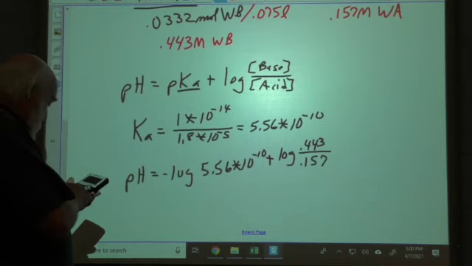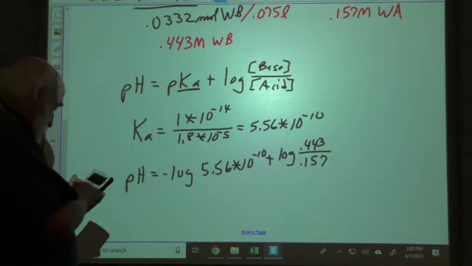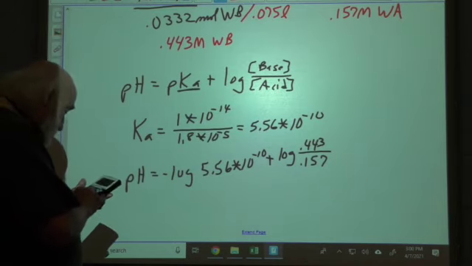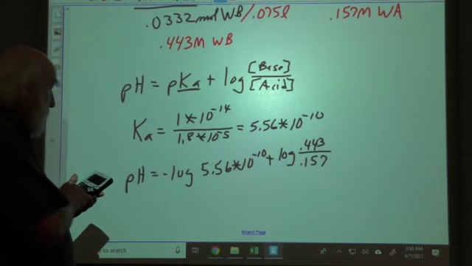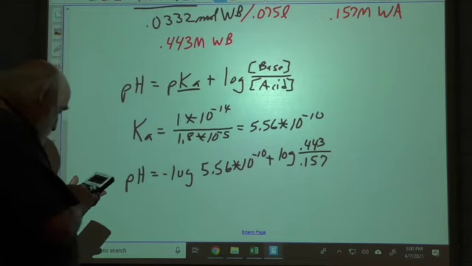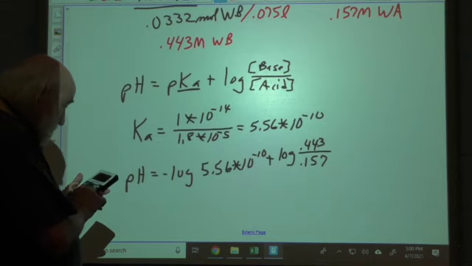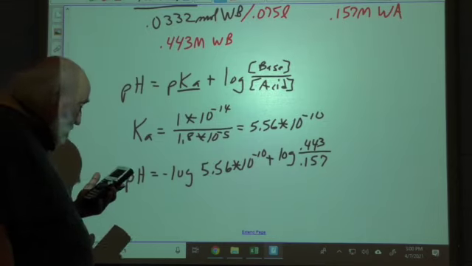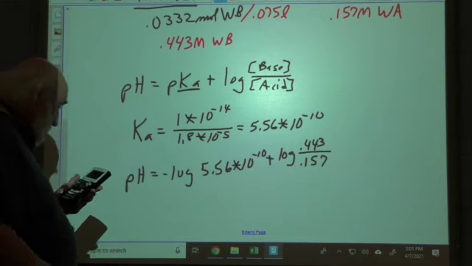Negative log 5.56 E negative 10 plus the log of 0.443 over 0.157, and you get a silly number.